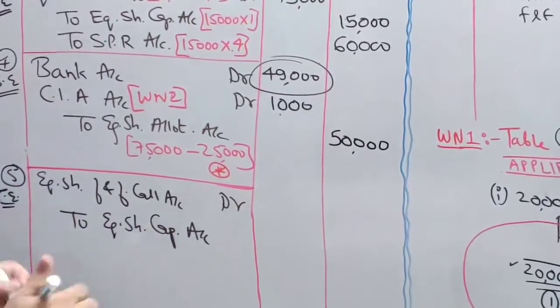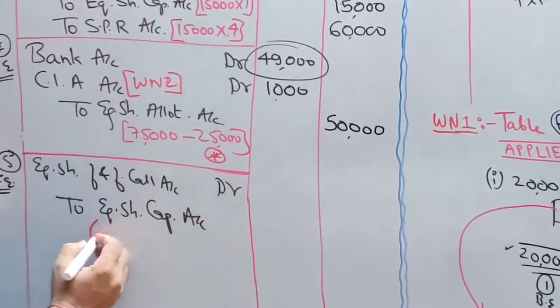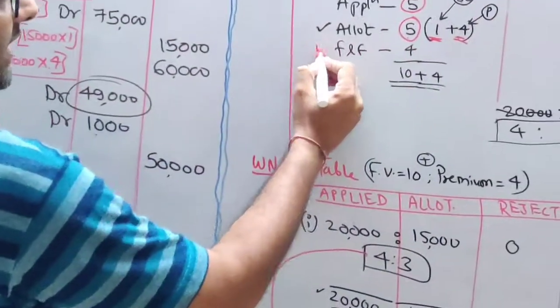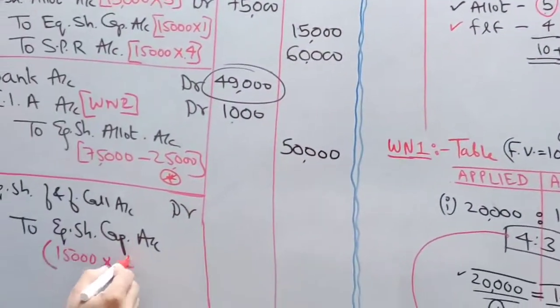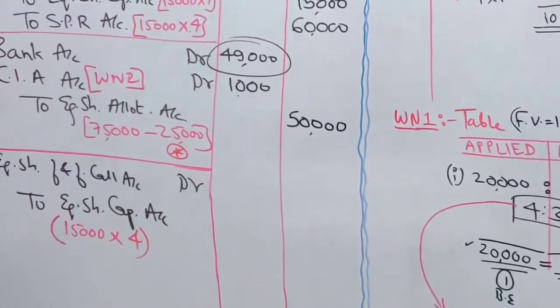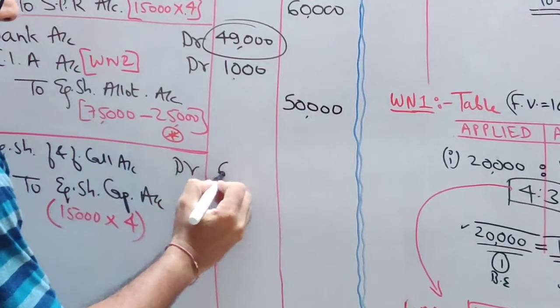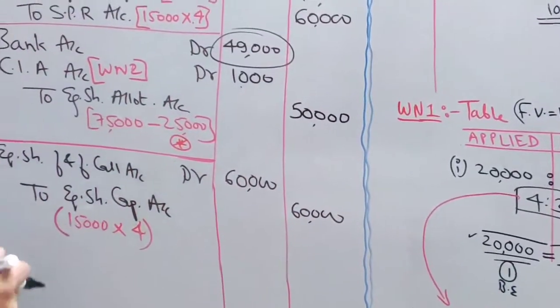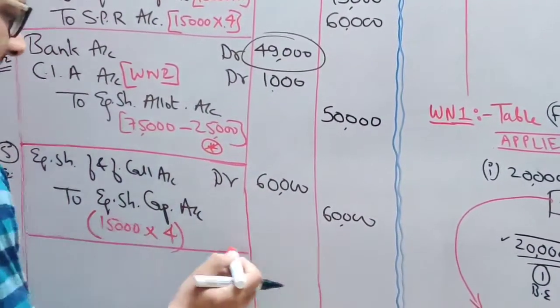Let's write down the working note. How many shares have we allotted? 15,000 shares. And how much are we asking at the time of first and final call? 4 rupees. So the total amount comes to 60,000. So this is your transfer entry.